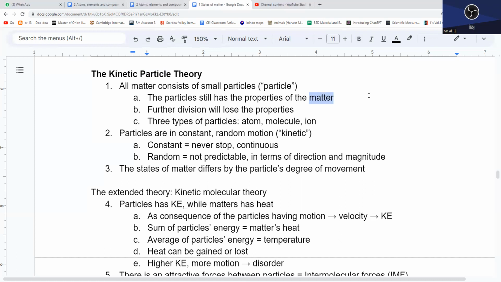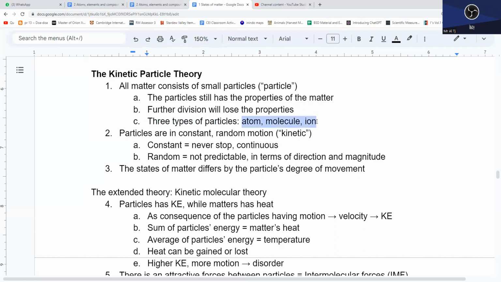We call it a molecule of water. We know that the water molecule consists of hydrogen and oxygen atoms. If we break the molecule, we break the particle, and the properties change.